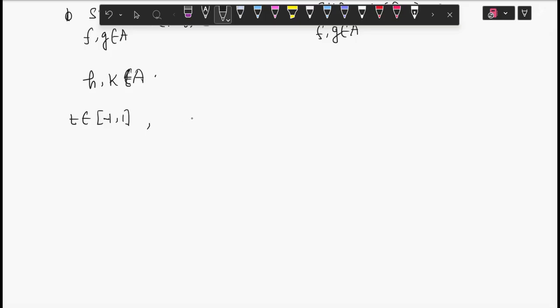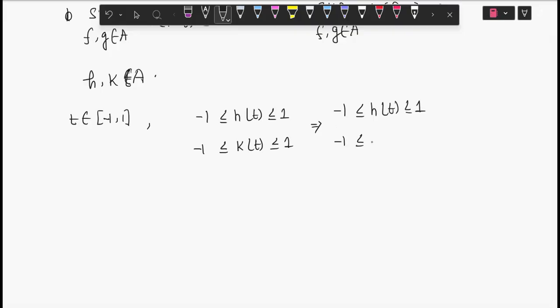Then what I can say, -1 is less or equals to h of t is less or equals to 1, and -1 is less or equals to k of t is less or equals to 1. That would imply -1 is less or equals to h of t is less or equals to 1, and -1 is less or equals to minus of k t is less or equals to 1.